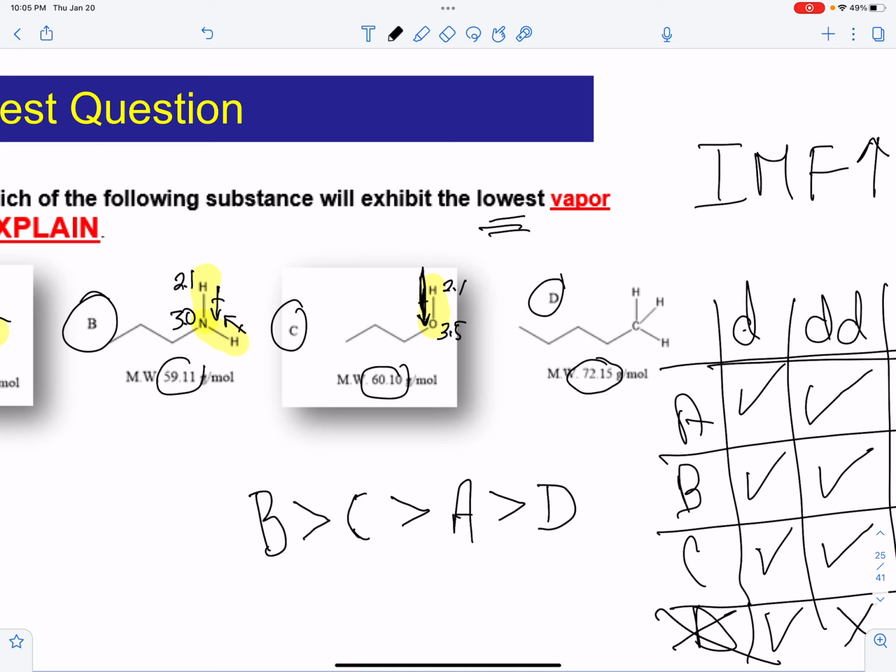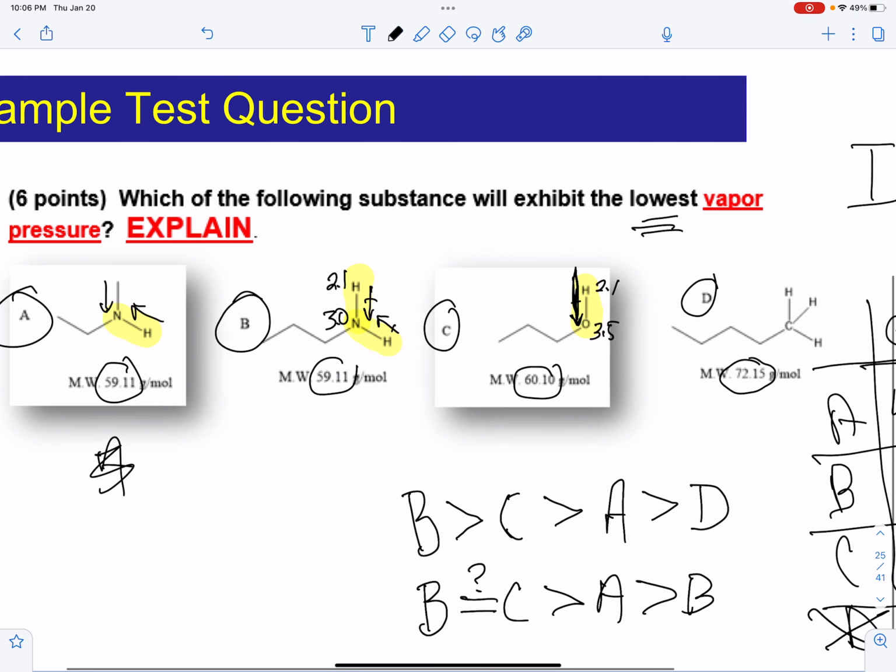So with the data we have, we don't know if that OH, because of the highest electronegativity, can be more than 2 NH combined. So the best answer would be B equals, I don't know for sure, and C bigger than A, bigger than D.